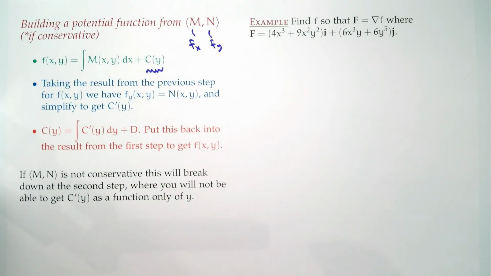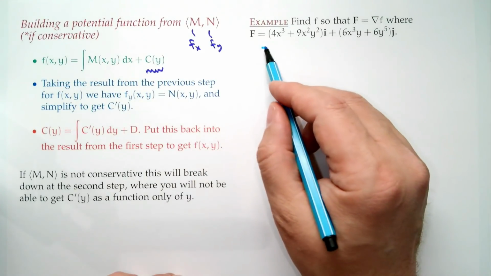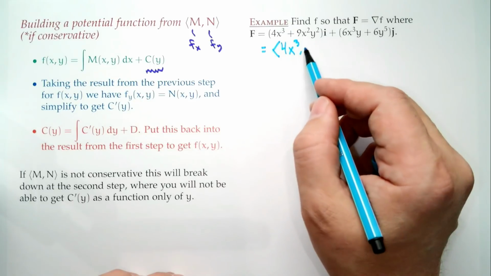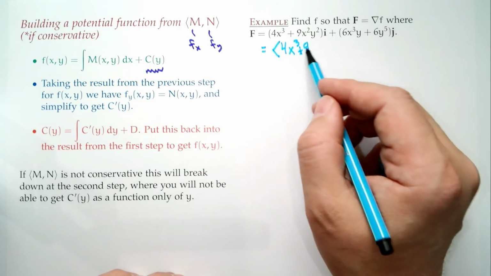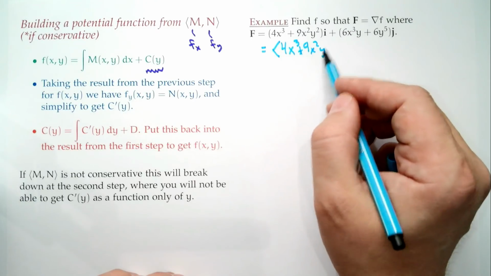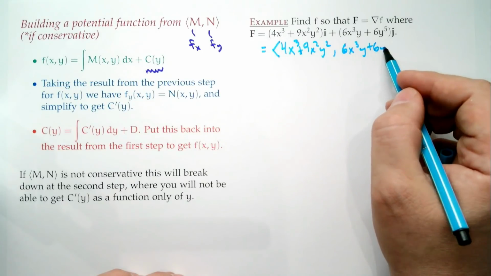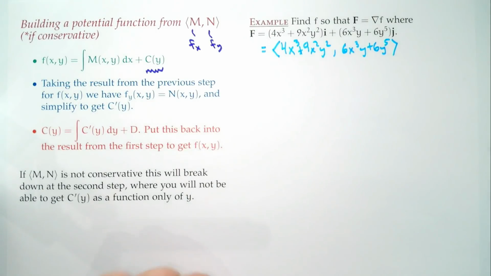Now, if you don't like this notation, it's okay to change it to notation you're comfortable with. You could also write this as 4x cubed plus 9x squared y squared, comma, 6x cubed y plus 6y to the 5th. This is just another way to write that. Whatever way you're comfortable with, that's what you should do.